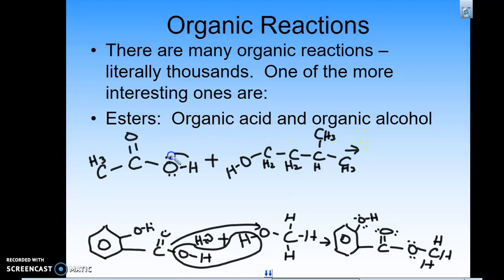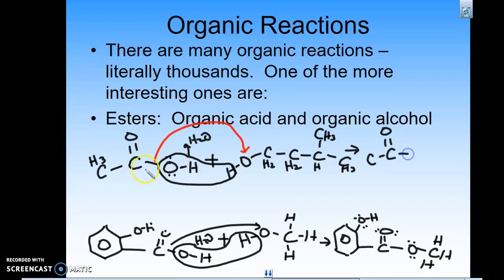All right, so what's going to happen here is this is going to come off and form water. This over here is going to connect here, and we are going to make banana oil. So I'm going to redraw this, and I'm going to connect it instead of this. I'm going to connect it over here to O, and then we're going to go 1, 2, 3, that had 4, and this one has another CH3.